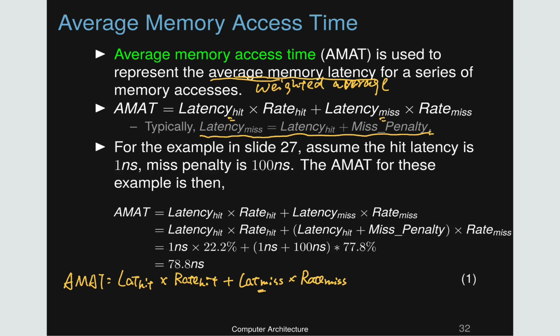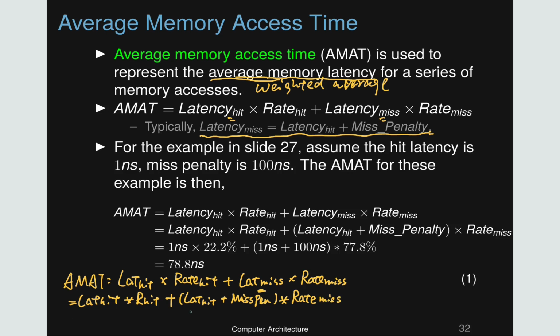So let's replace this miss latency with this equation. What we're going to have here is hit latency multiplied by hit rate, plus the hit latency plus miss penalty, multiplied by miss rate.